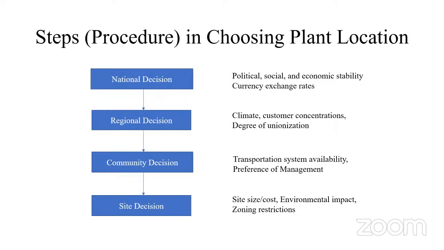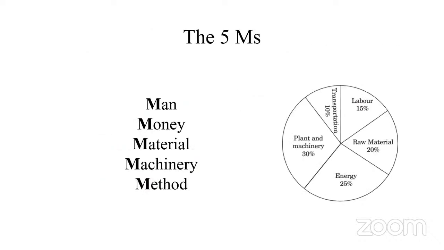Site decision, like the size of the factory, how large we want to establish our plant, also depends on the cost and environmental impact. Then the 5 M's of location: money, man, material, machinery, and method. All these 5 points are interrelated, and we could say these are the basic pillars of our plant location.